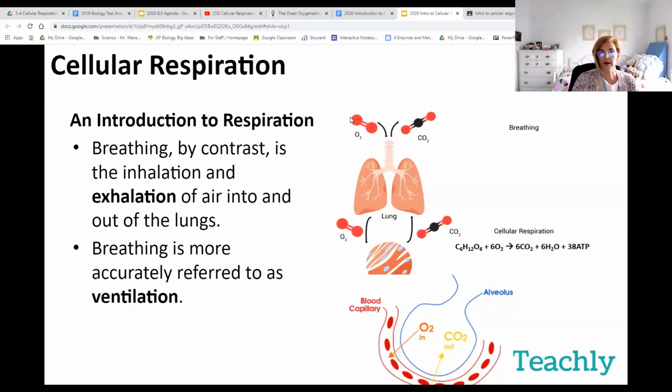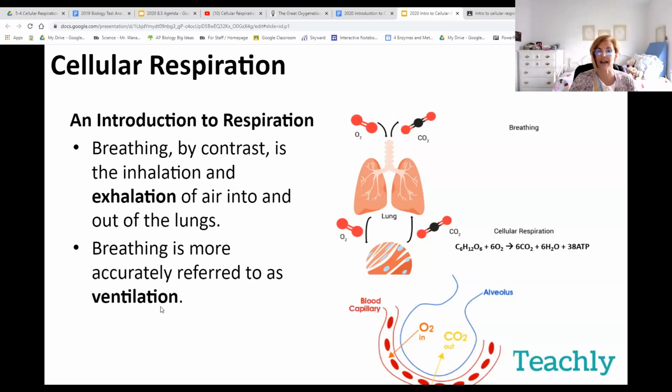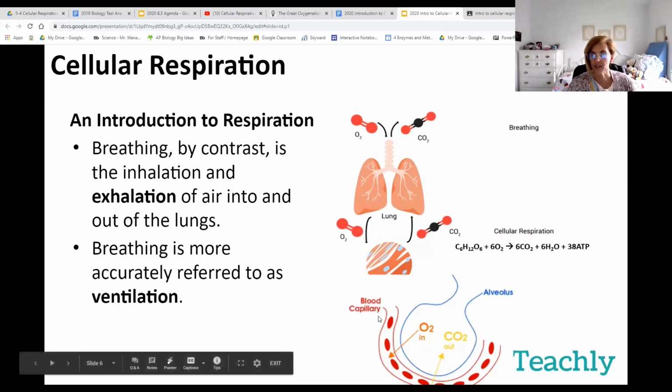Okay, so you can see we're moving O2 in and we're getting rid of CO2. That's happening during breathing. Inhalation, breathing in, exhalation, breathing out. This is more commonly called ventilation. So you're ventilating your lungs, you're providing your lungs with air. Then your blood supply will take that oxygen out of the air and take it to the rest of your body's cells.